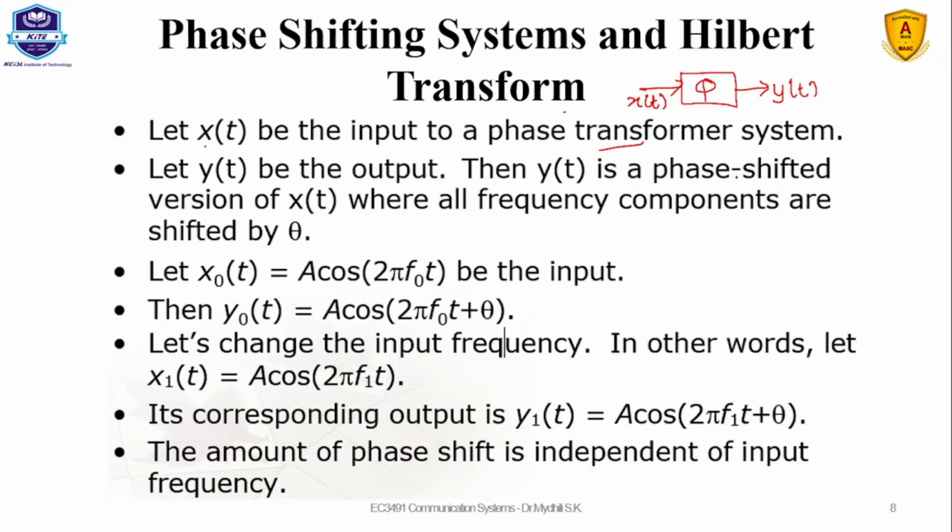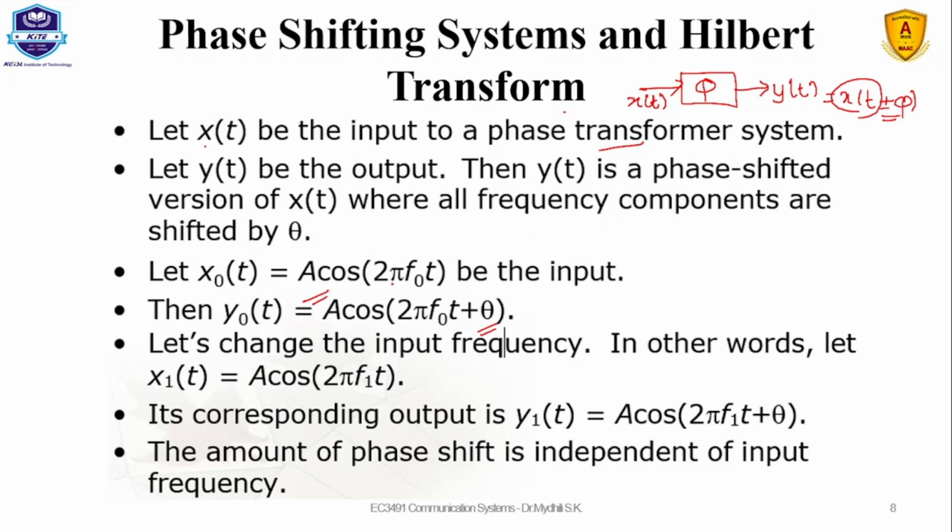The y of t is a phase shifted version of x of t, where all the frequency components are shifted by theta. That is, y of t will be x of t plus or minus phi, a phase shifted version of the signal. Let x0 of t be A cos omega t, and y of t be A cos of omega t plus phi, that is a phase shifted version. So we are giving a specific input, consider the specific input instead of this general x of t signal.